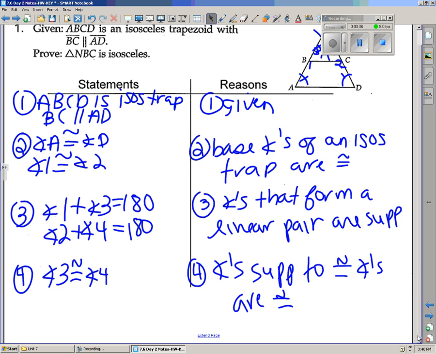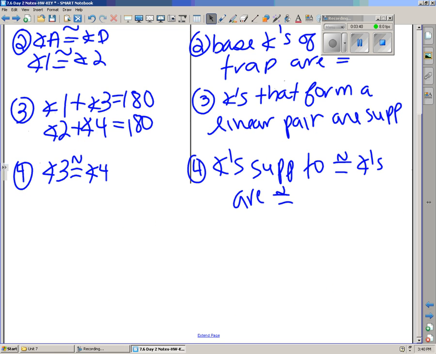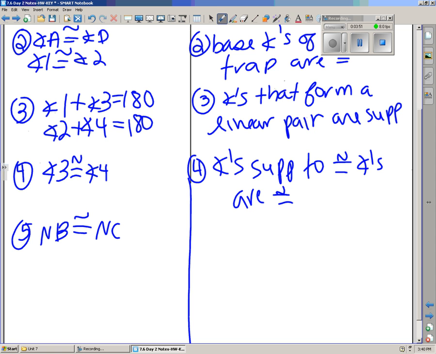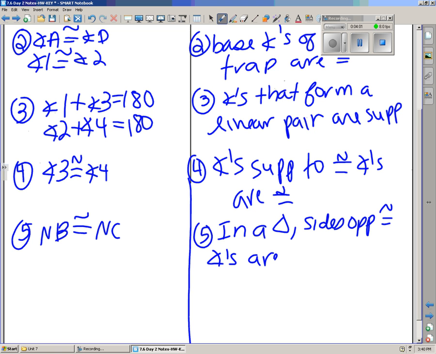So let me just kind of dump this down a little bit, give us some more room. So it turns out that NB and NC are congruent. So 5: NB is congruent to NC, and that is because in a triangle, sides opposite congruent angles are congruent.